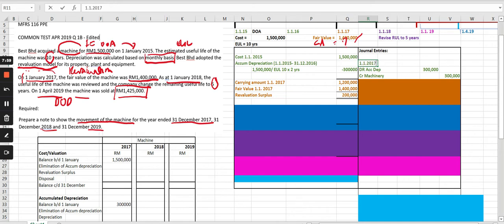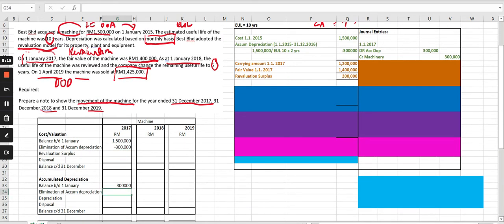So that is the date. So debit accumulated depreciation and credit machinery, right? You will also do the same here. So you have 300,000 being removed.